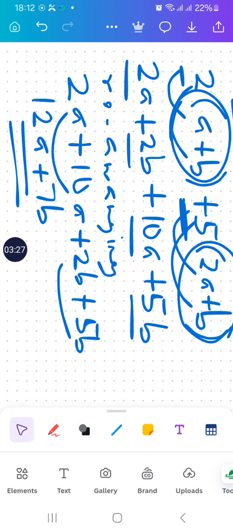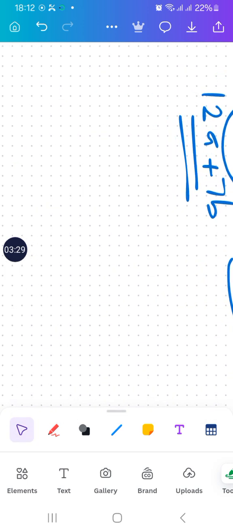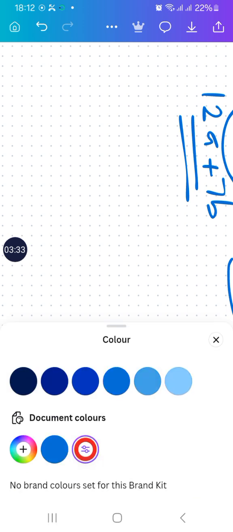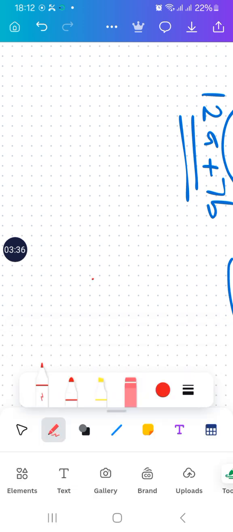Okay, so let us look at another example. I call it example 2.